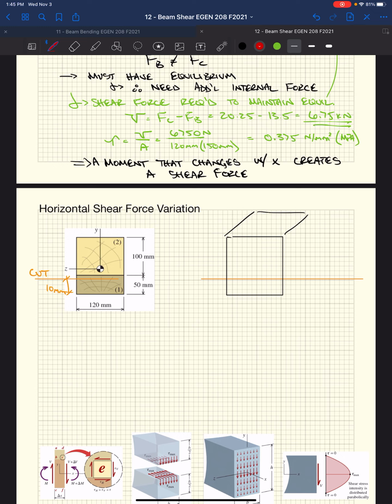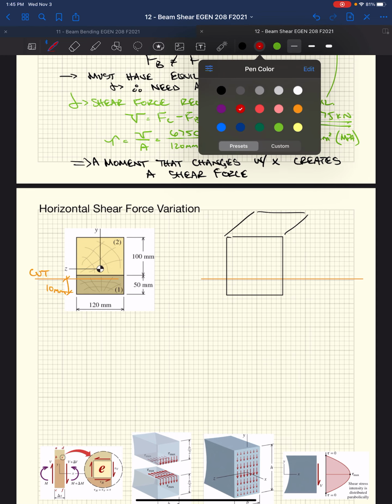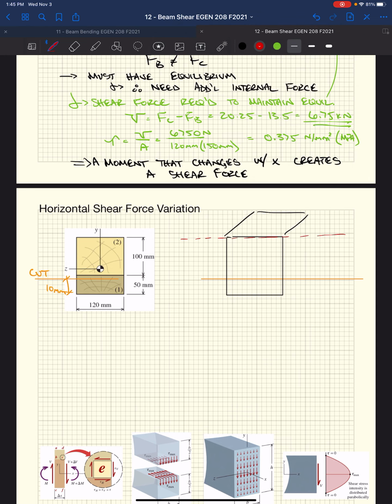All right, so I'm going to cut this beam 10 millimeters from the top. Now I'm going to cut this beam and look at from the neutral axis down. So we're going to say that this is our neutral axis, and we have decided to cut 10 millimeters, right? So this distance here is 75 millimeters.